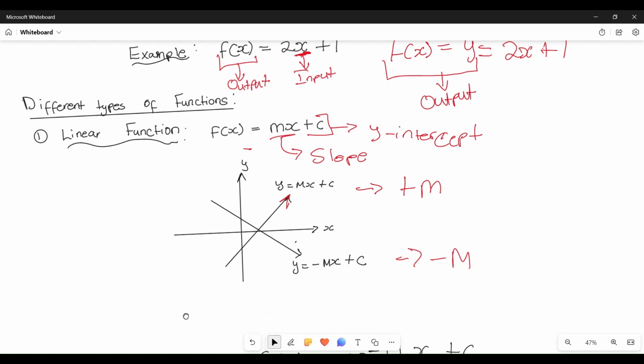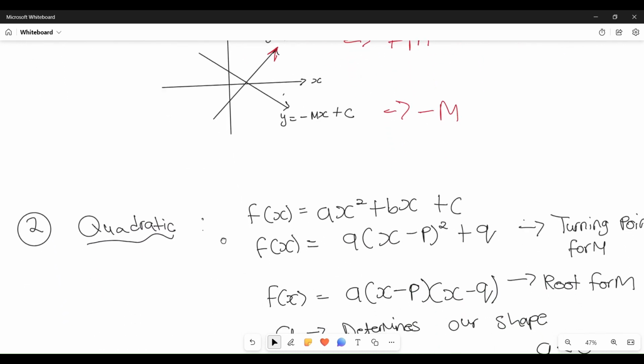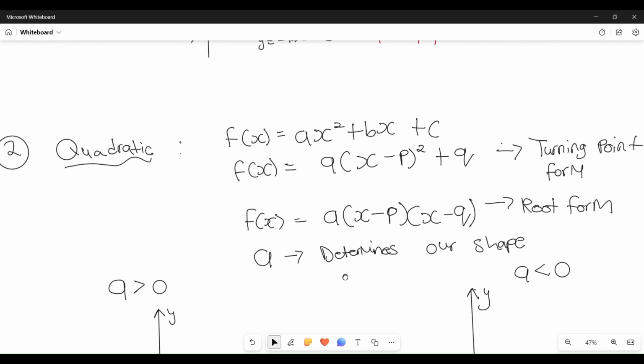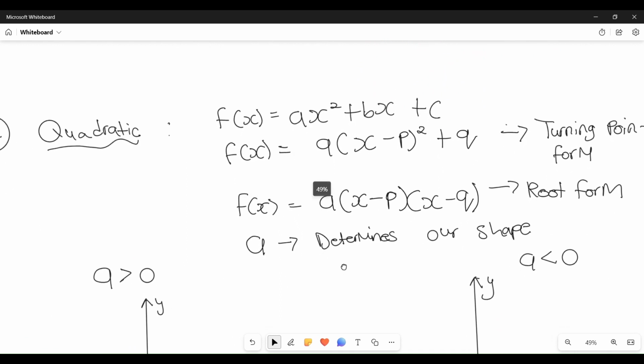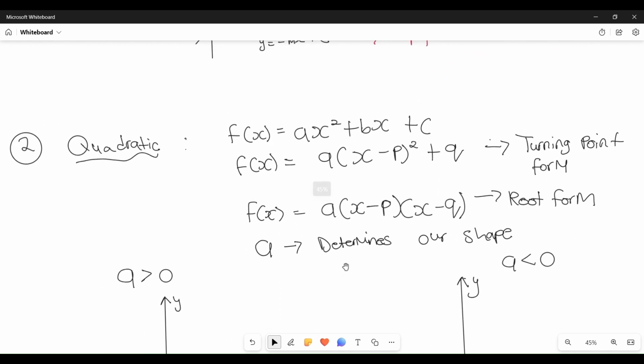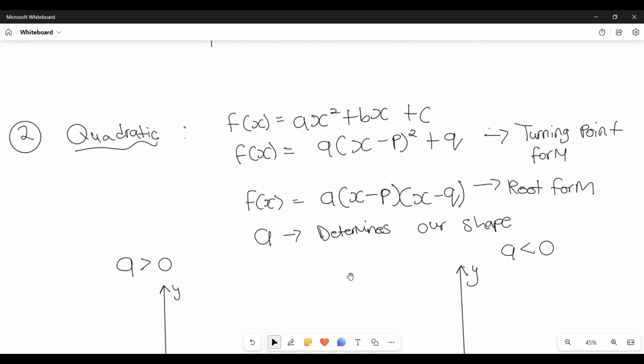So now, moving on to another type of function. Here we have a quadratic function. You can represent a quadratic function in three different forms.